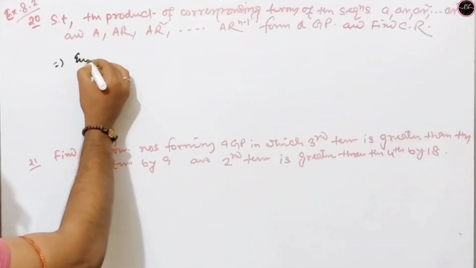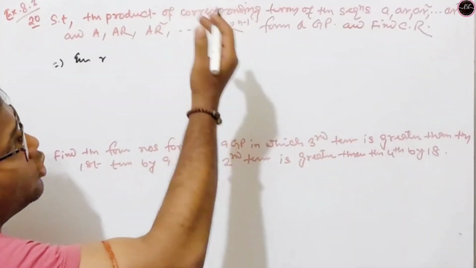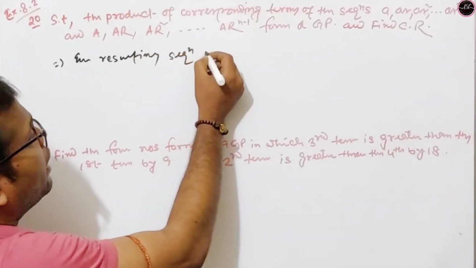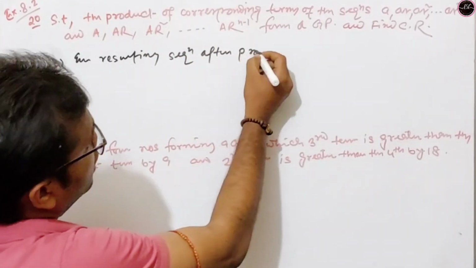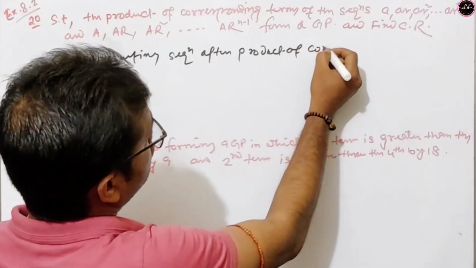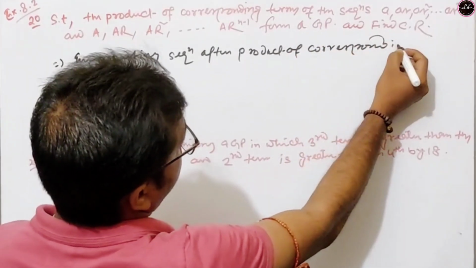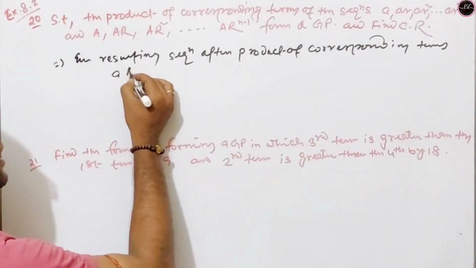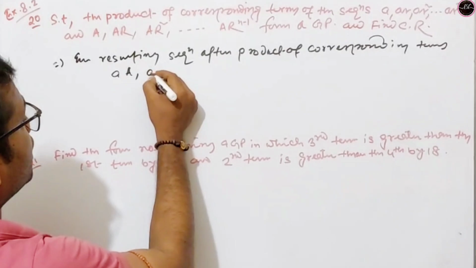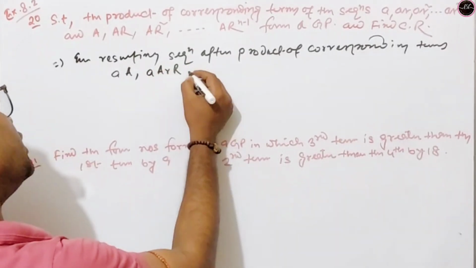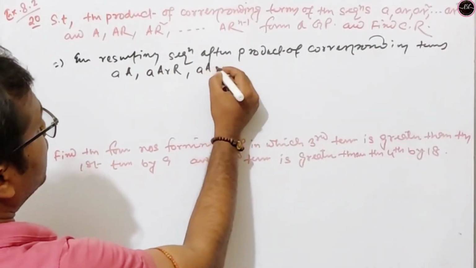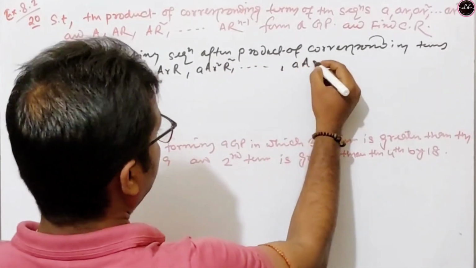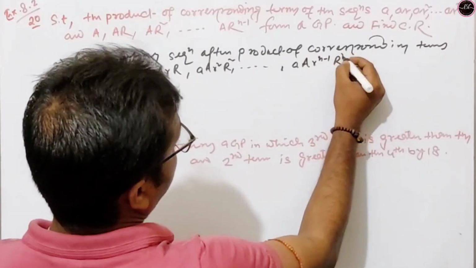So the resulting sequence after product of the corresponding terms equal to, just small a with capital A, and a r with capital A R, that means a capital A r capital R, and a capital A small r square capital R square. So up to a capital A r to the power n minus 1 capital R to the power n minus 1.